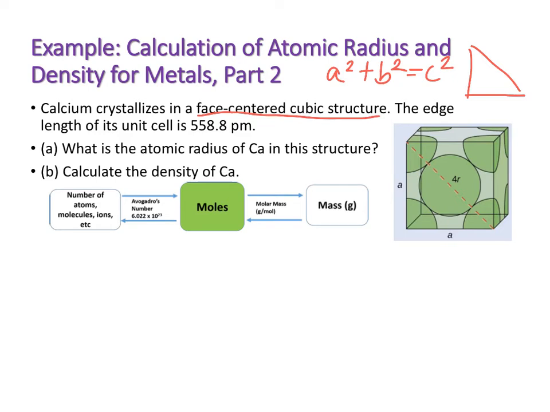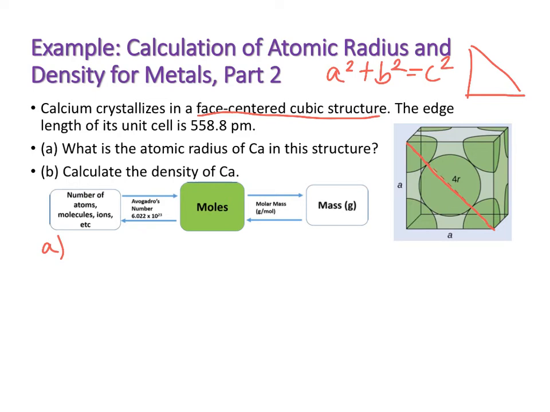So finding the radius, like I said, is the more difficult part of this problem in particular, and this is because we are looking at 3 different radii using that diagonal cross section of the cube. Now the reason for this is because we have a different arrangement.